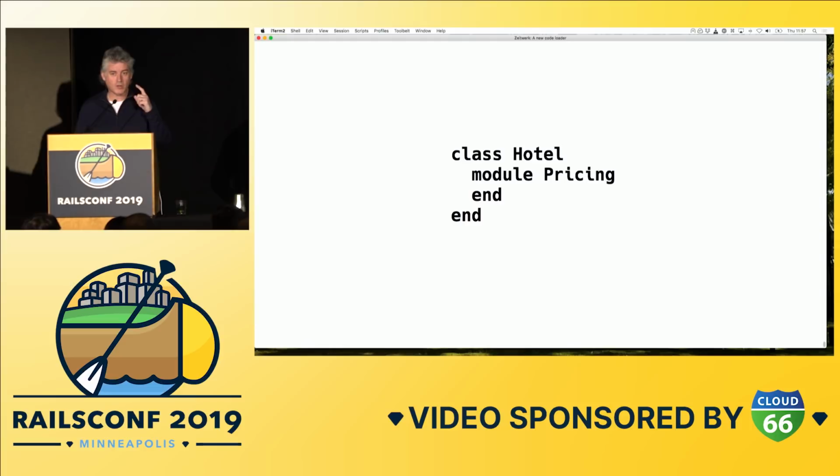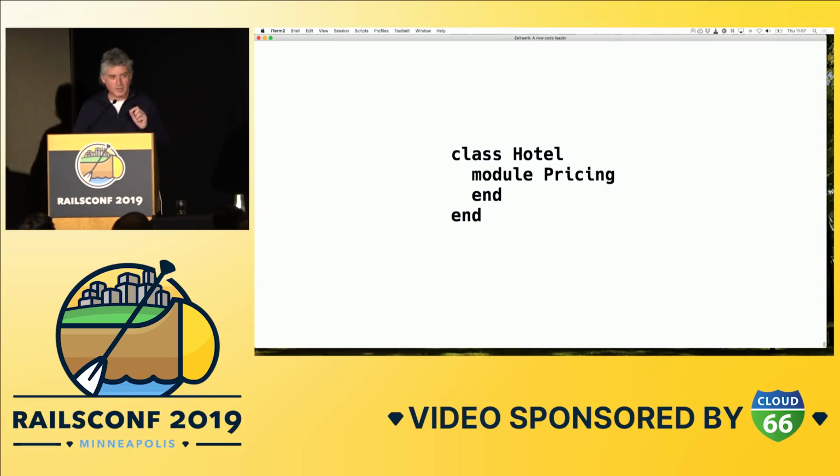Hotel is a constant that has a class object inside, and it's stored in that collection of Object. Module Pricing is a constant that is going to be defined in the symbol table of the class stored in the Hotel constant.